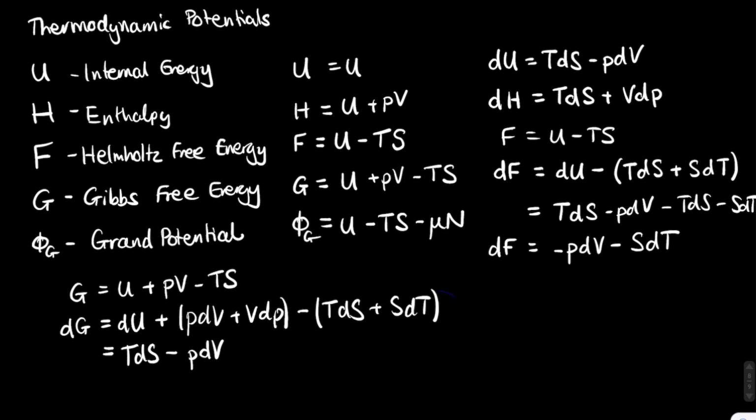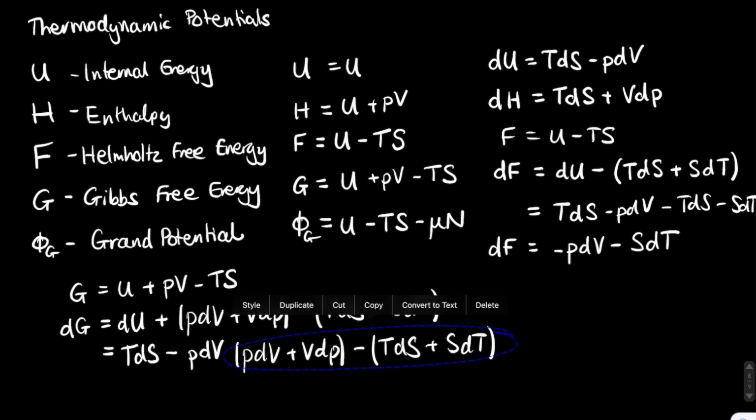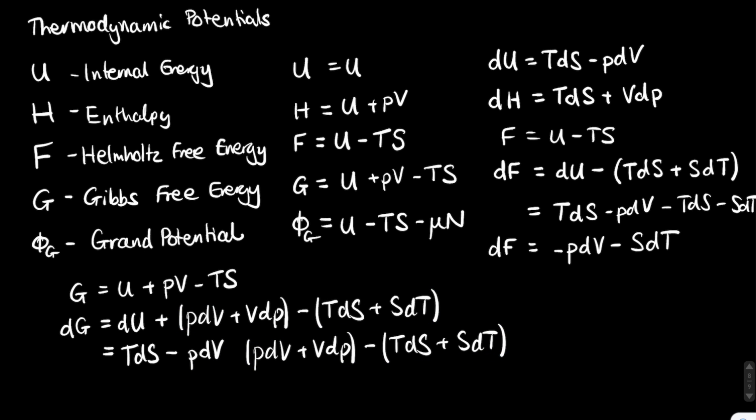And we're just going to add all these other terms, which I'm going to copy and paste because I'm very lazy. So there we go. And as you can see, we're going to get a lot of cancellations happening. So we can wipe off these two TdS terms and we can wipe off these two PdV terms. And so we get that the change in the Gibbs free energy is equal to V dP minus S dT.